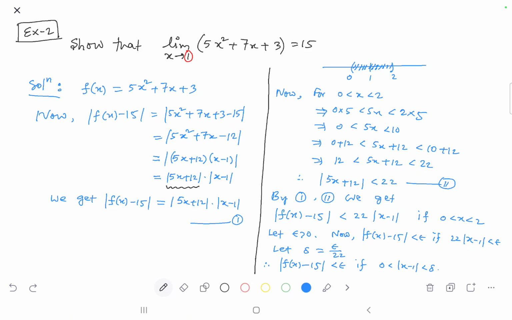And the unnecessary term that we had here, we replaced by a constant near the point 1 this way. And then choose epsilon, and that delta we select from here, epsilon by 22. If you have a linear function, then this extra step need not be done; you get the factor immediately on the right hand side. But if you have a quadratic, then you have to do this extra step. Okay, Mayan, clear?